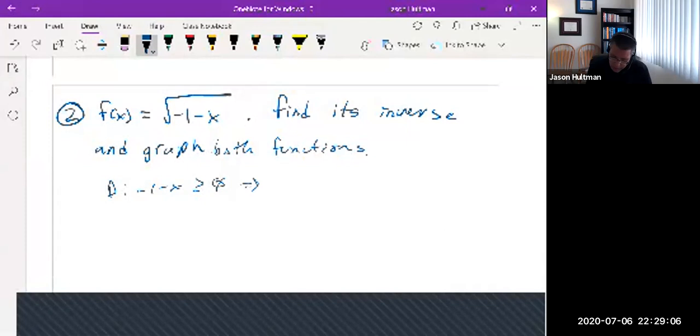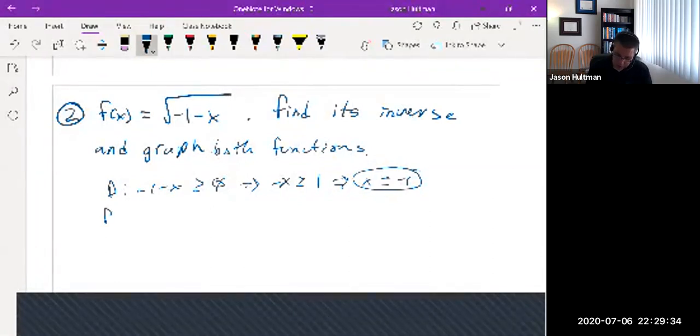If I toss the -1 over to the other side, I get negative x is greater than or equal to 1. Then we divide by -1, which reverses the inequality symbol, so x is less than or equal to -1. So that's my domain: x is less than or equal to -1.